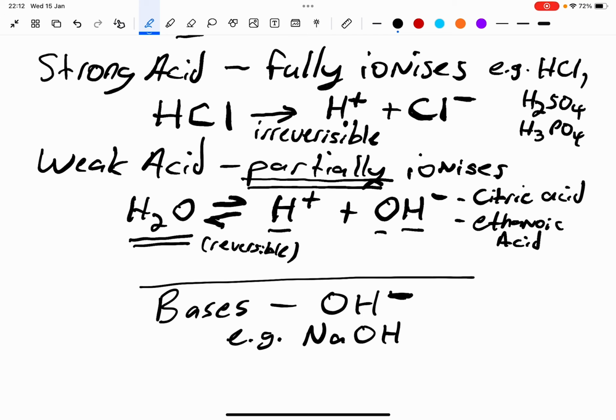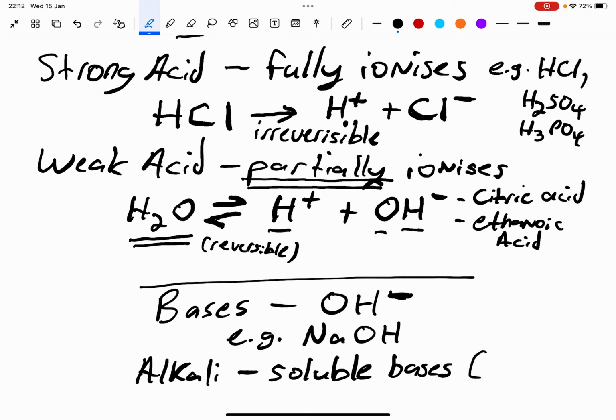Now, you often hear this word alkali. An alkali is a base, but it's a soluble base. Alkalis are soluble bases. For example, we know soap dissolves in water, right? It's soluble, okay? Not all bases are soluble.